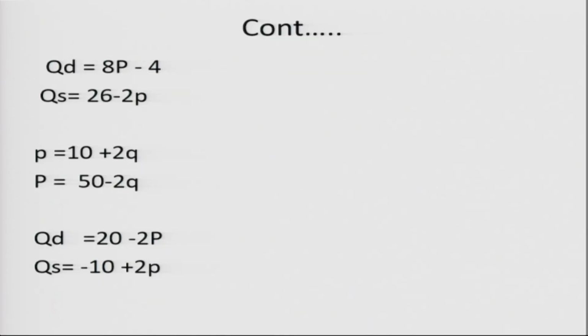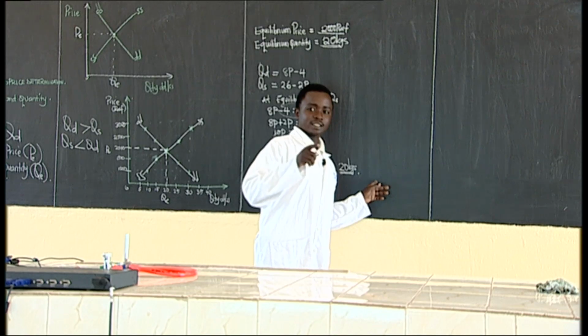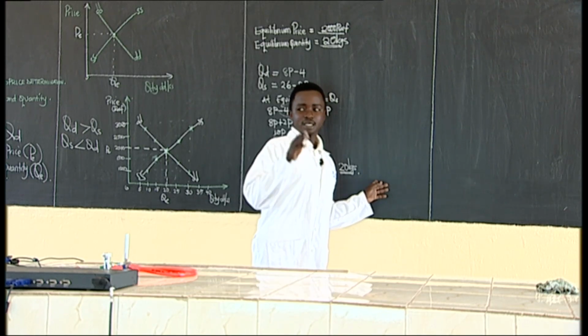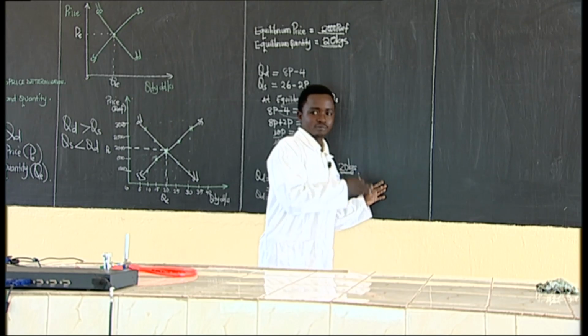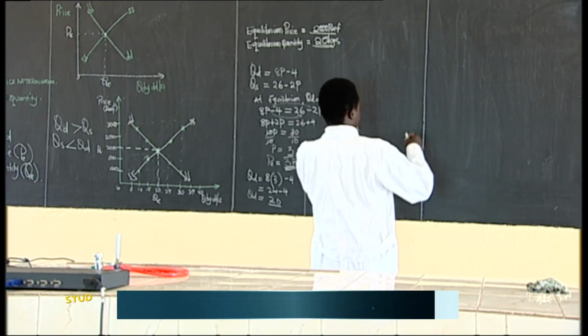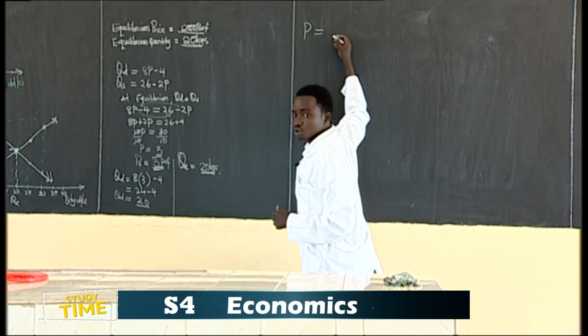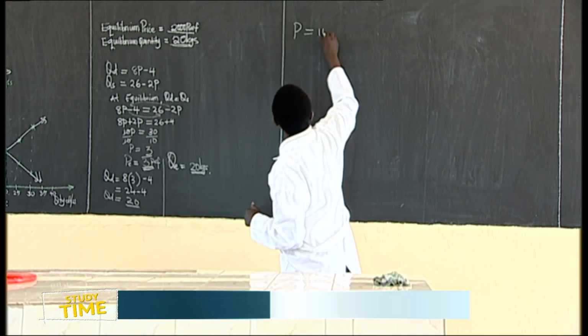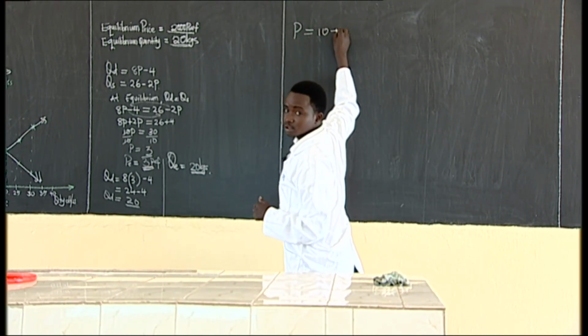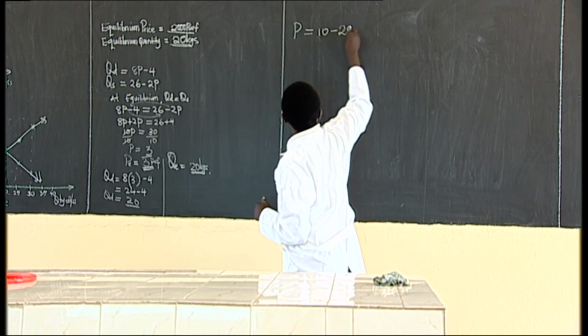Okay, so let us do it together, and then you check your answers and see if you have gotten what we are going to get here. So we have P is equal to 10 plus 2Q.